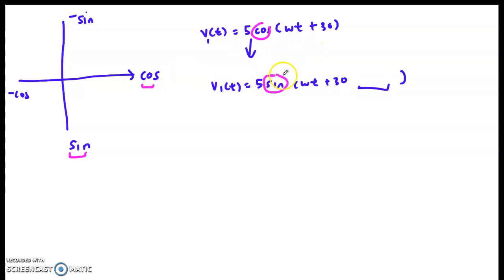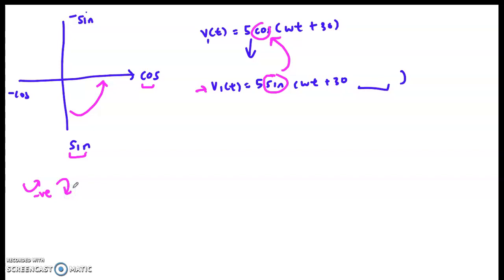Your intention is to change the signal to sine, which means the arrow is going up; the initial is cosine. If it is anti-clockwise, it is positive.